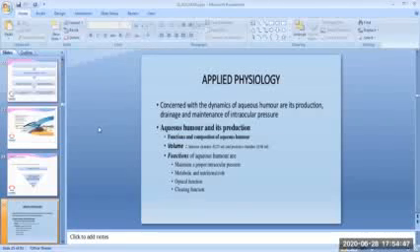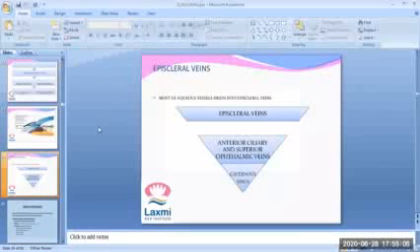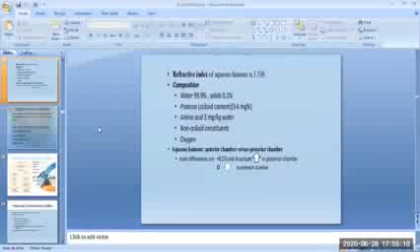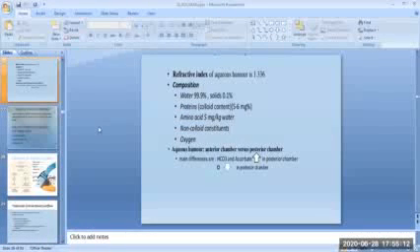It maintains the optical transparency, hence has the optical function, and it takes the place of lymph that is absent within the eyeball. It has a clearing function. It clears the metabolites. Then the refractive index of the aqueous humor is 1.336.